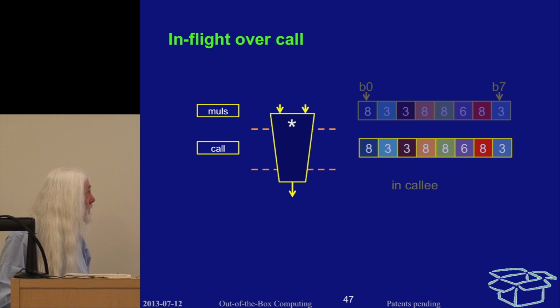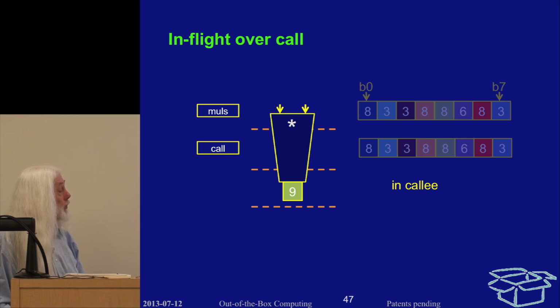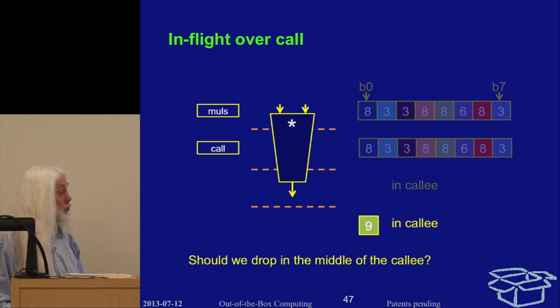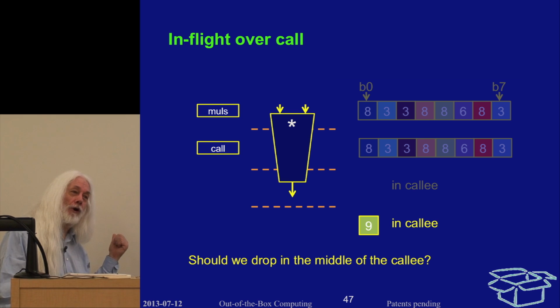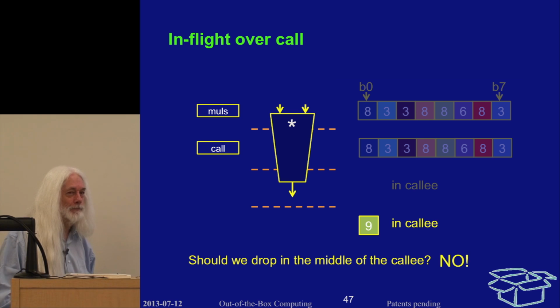A cycle after that, we're now in the callee, and the multiply has done its thing, and it's ready to retire. We're still in the callee. Should we drop the new multiply result, which was started back in the caller, into the middle of the callee? Nah.